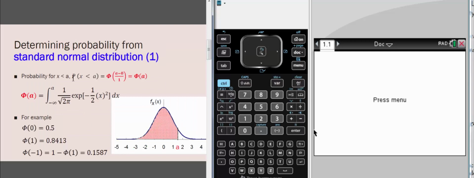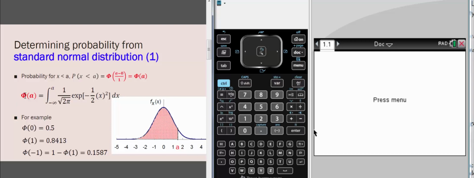Now, usually you have to transform the problem into that for a standard normal distribution, which means it has zero mean and unit standard deviation. So this is the standard deviation, this is the mean value, and then all probabilities concerning such a standard normal variable can be obtained from table lookup.